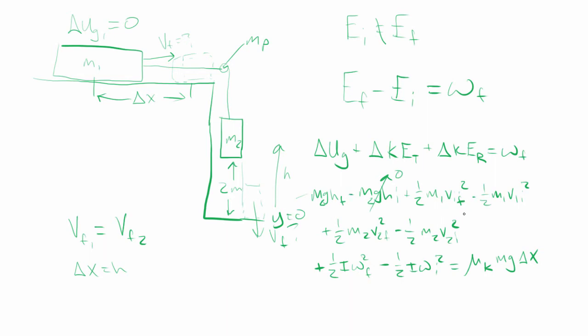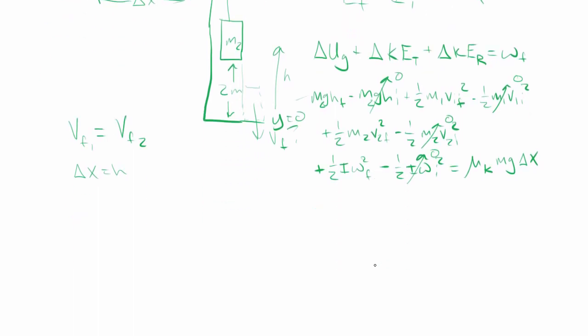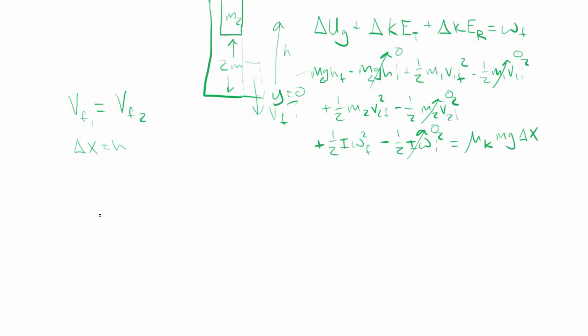And then all of my initial velocities are 0, because everything starts from rest, including omega. Okay, so a lot of things go away to make this at least a little bit simpler. So if I write down all the terms we have left over, it's m2 times g times h plus 1/2 mass 1 v squared. Sorry, I'm just going to write it as v since v1 final is equal to v2 final.